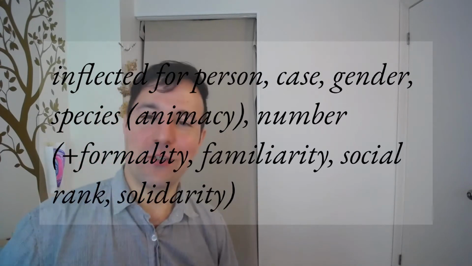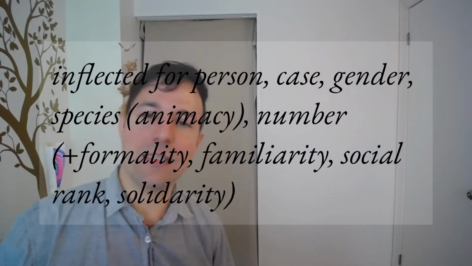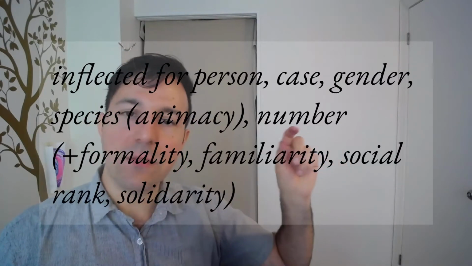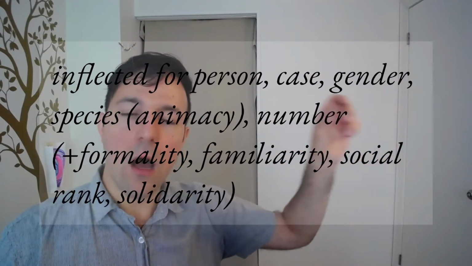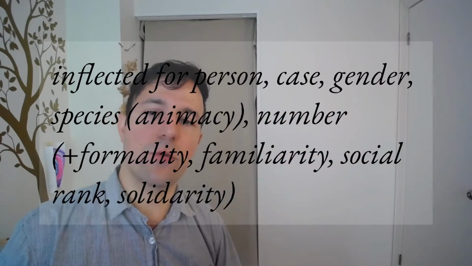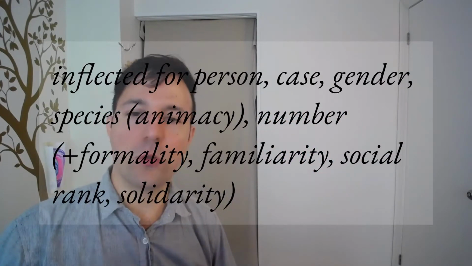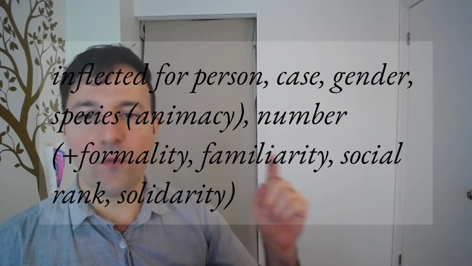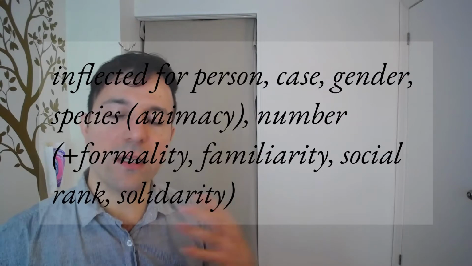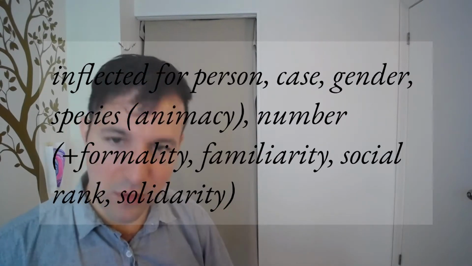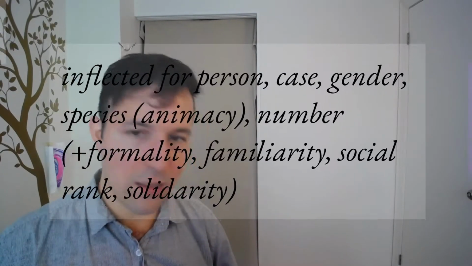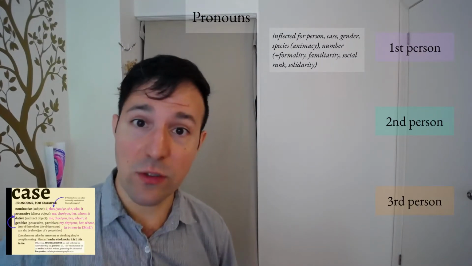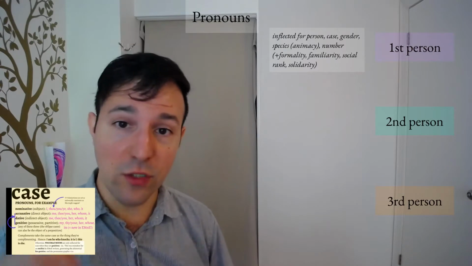Indeed, throughout the history of the English language, and even slightly to the present day, what register as pronouns inflected for number, sometimes what is the plural form of the generally first and second person pronouns, can also be inflected as though plural for moments of high formality or high social rank, whereas more familiar or more solidarity-driven examples will give you the singular more often. This is something that language studies more broadly calls the TV split, because in Spanish you get tú and vosotros, in French you get tu and vous.